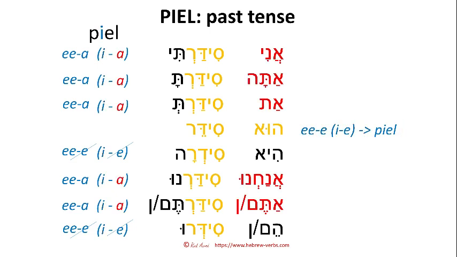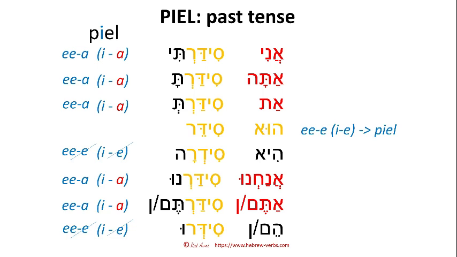The second comes from the person. In every binyan, it is the same. Ani, ata, at, anachnu, atem, aten, they always have as a second vowel an a sound. I'm not talking about irregular verbs, of course, but this is a pattern that applies to every binyan.